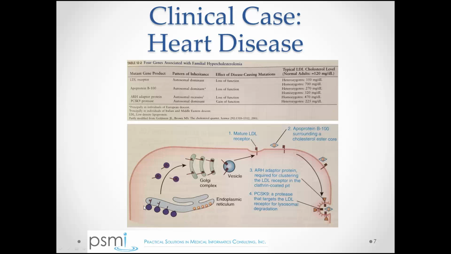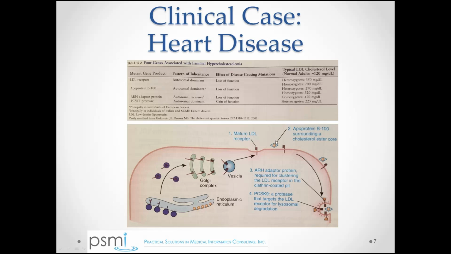The protein in the endoplasmic reticulum buds off and fuses with the Golgi complex, and within the Golgi complex, the LDL receptor protein is further modified, and the modifications then direct that protein through these vesicles to fuse with the cell membrane and expose the LDL receptor. So this LDL receptor protein is the product of the LDL receptor gene.